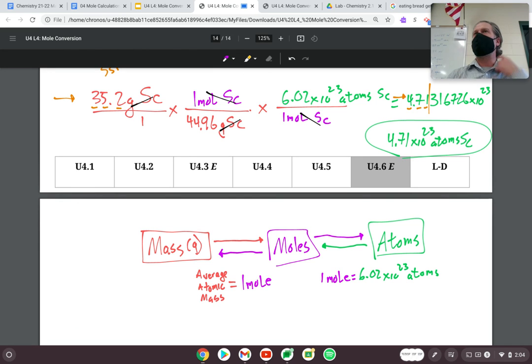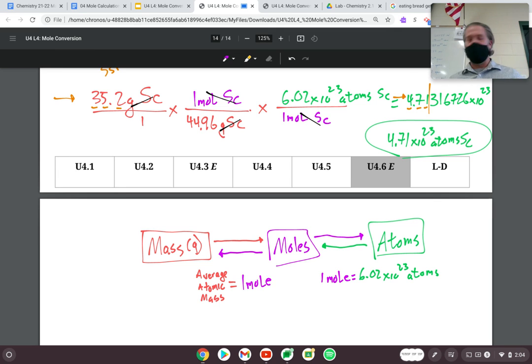If the problem says I have atoms and I want grams, if I put my finger on atoms and put my finger on mass or grams, that's 2 steps. Does that make sense? So whatever you're given as your starting unit, I usually put 1 finger on it, and then my ending unit, I put my other finger on it. It tells me how much work I have to do. That's how my head works.